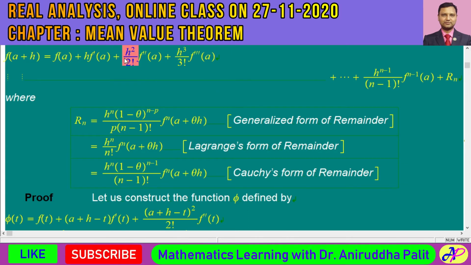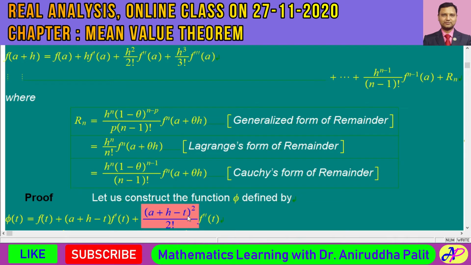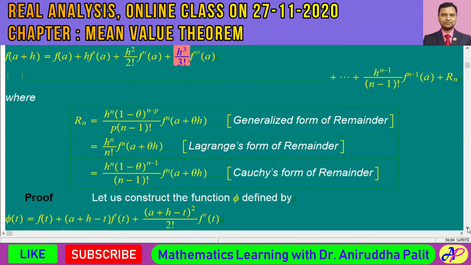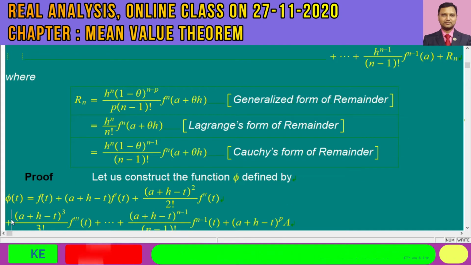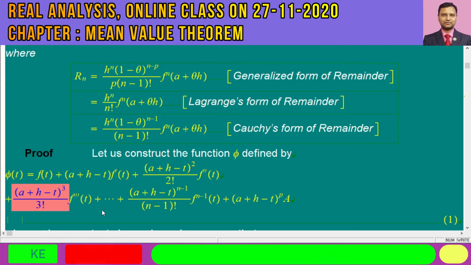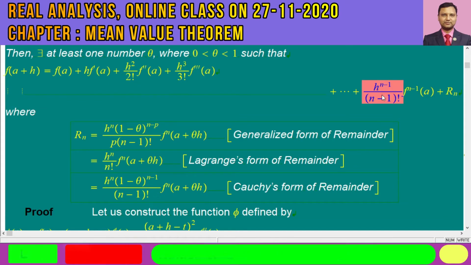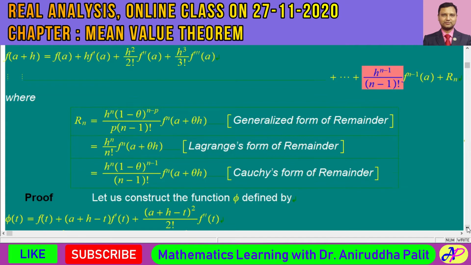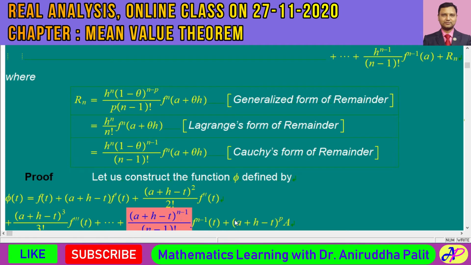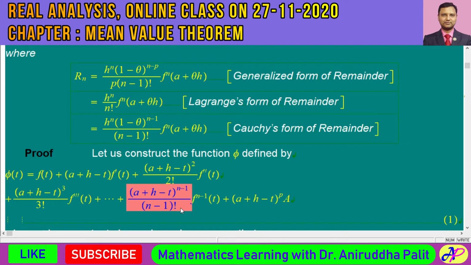Then we have h square by factorial of 2, so over here I am writing a plus h minus t whole square divided by factorial of 2. In the next term we have h cube by factorial of 3, so afterwards we are writing a plus h minus t whole cube divided by factorial of 3 and so on. So finally we have h to the power of n minus 1 divided by factorial of n minus 1. Therefore in this expression we are writing a plus h minus t whole to the power of n minus 1 divided by factorial of n minus 1.